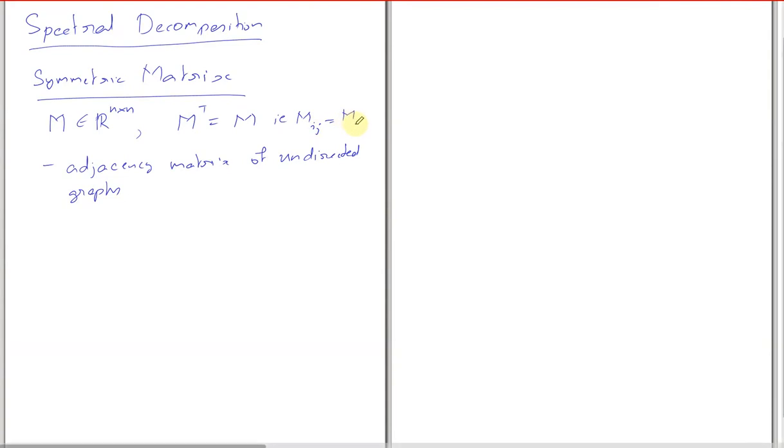Many things are written like undirected graphs, for example, the distance between cities. It's an undirected graph. The distance between A to B is the same as B to A. That is Mij equal to Mji.